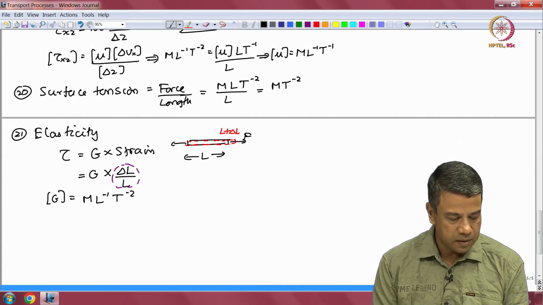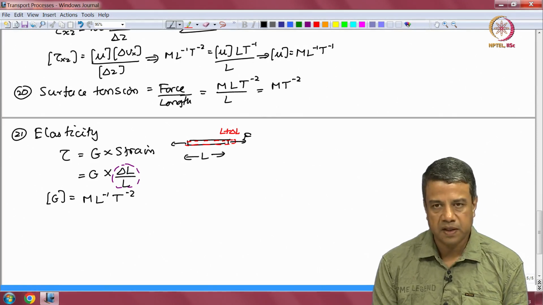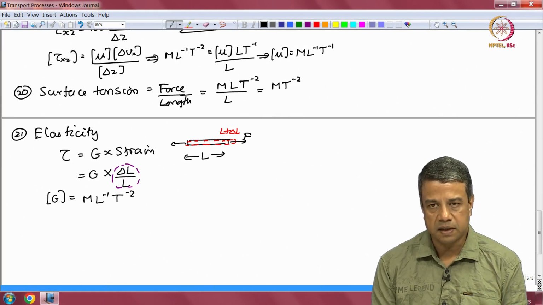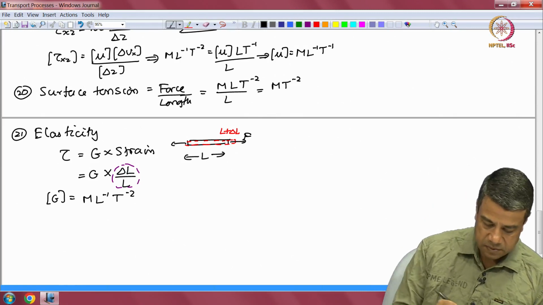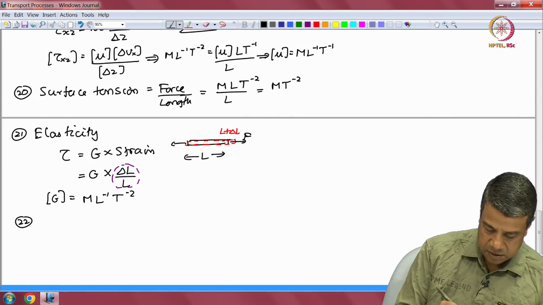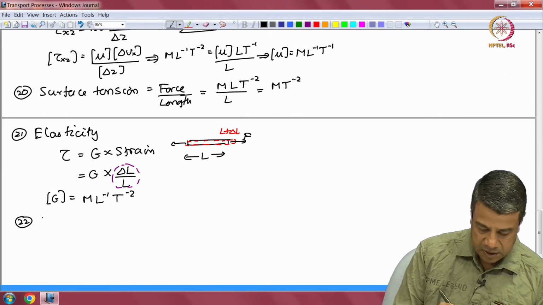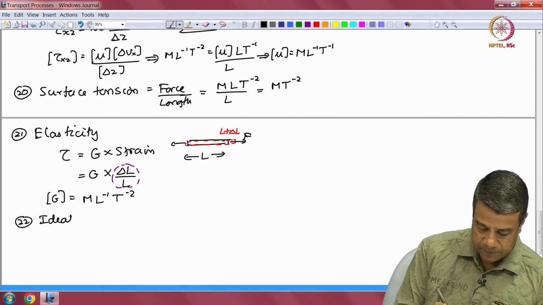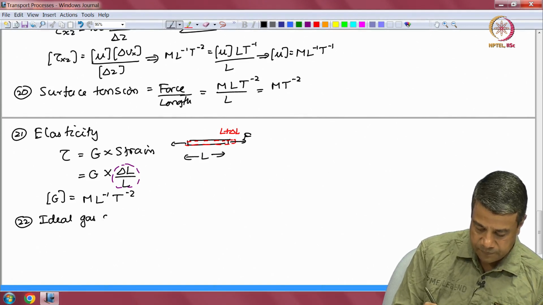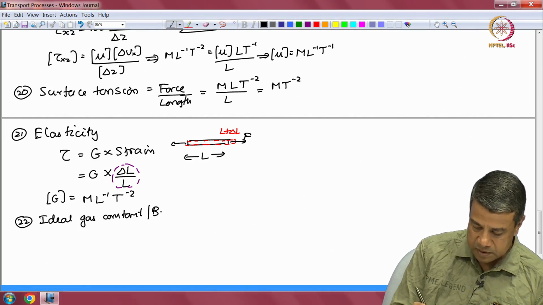And finally, one important quantity that we will use, especially when we study heat transfer, is what is called the ideal gas constant, or the Boltzmann constant.